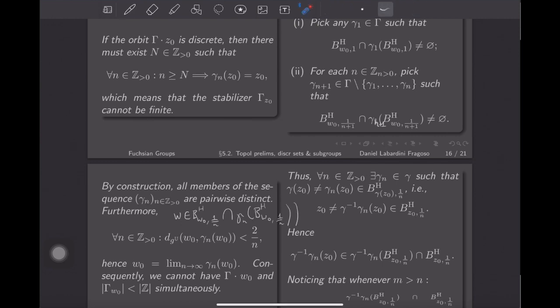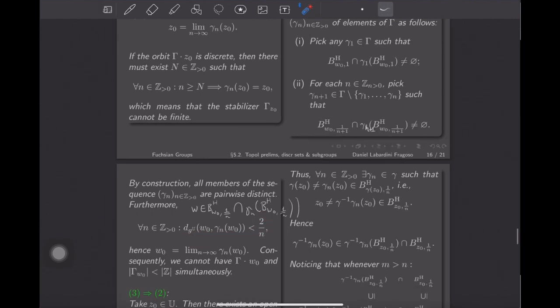Then the distance from W naught to gamma n of W naught is less or equal than the distance from W naught to W plus the distance from W to gamma n of W naught, and then I apply gamma n inverse, and I see that each of these two summands is less than 1 over n. So this gives me less than 2 over n.